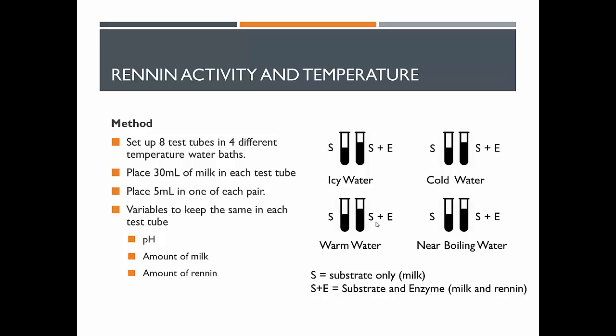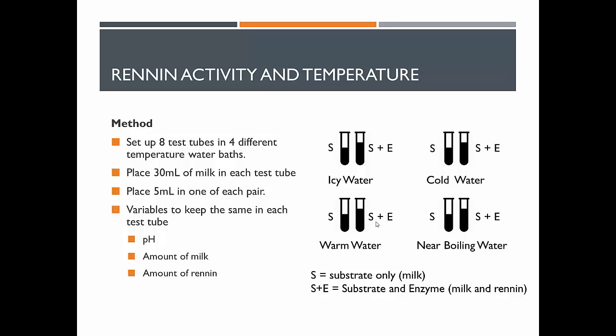And then by the end of it, you're probably going to have to watch this video a couple of times, you should have all the know-how and setup done so that when you go into the lab you can do your experiment, and then looking at your results easily make some statements about the factors that affect enzyme activity.